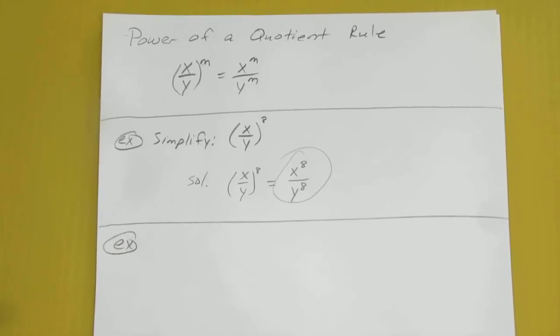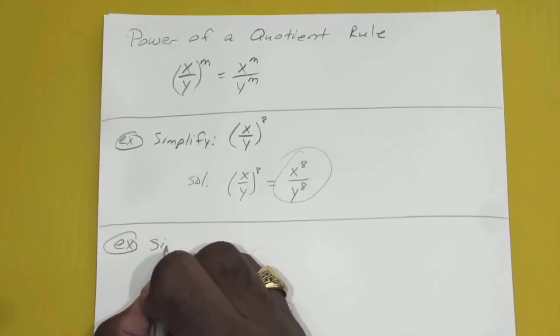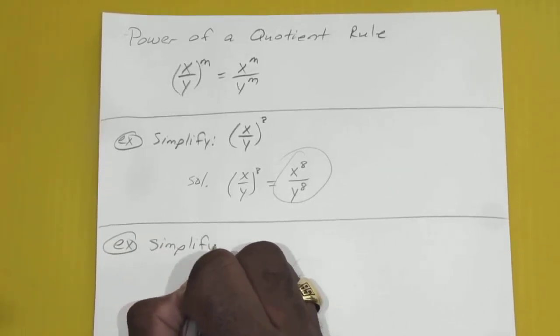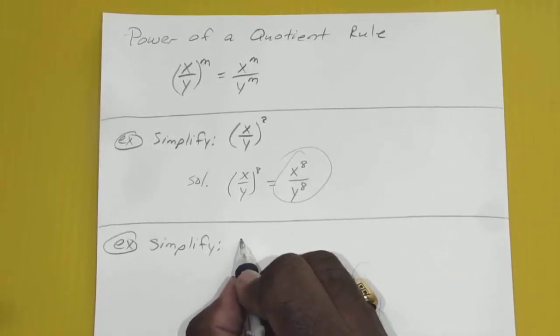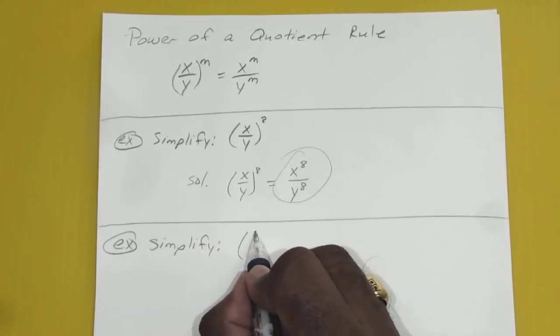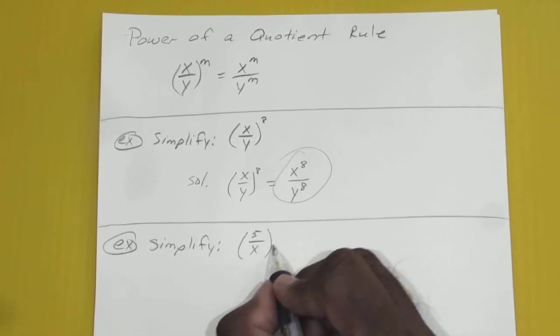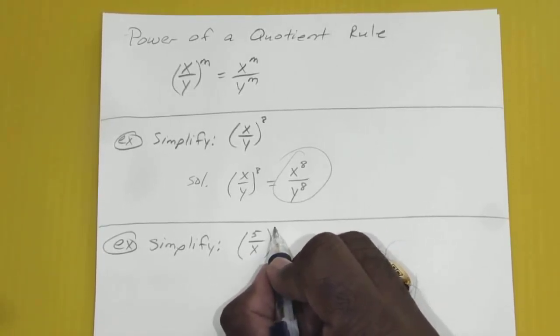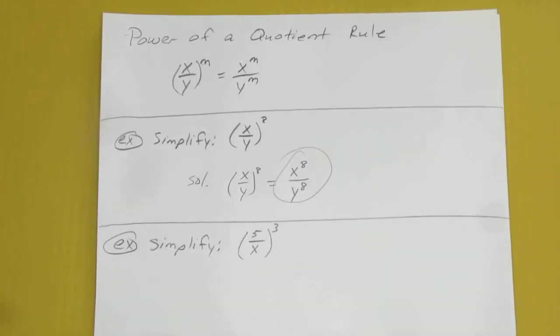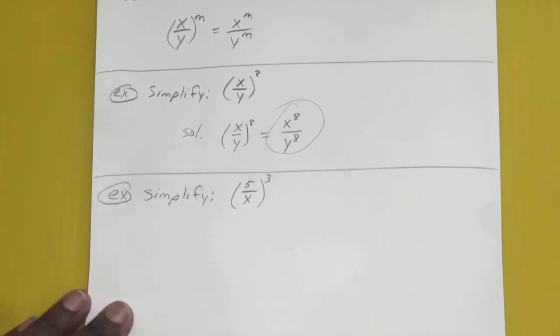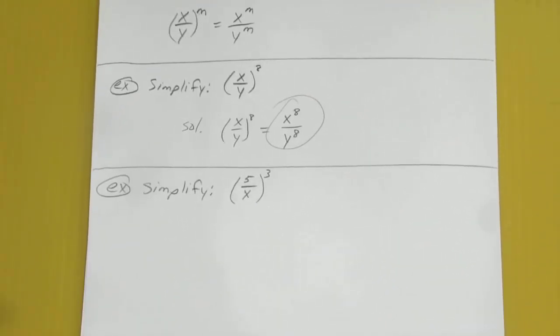Or what if we wanted to simplify, let's say, 5 over x to the 3rd power? We do the exact same thing, we just distribute the exponent.